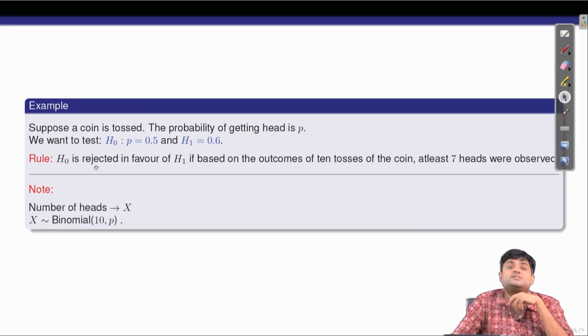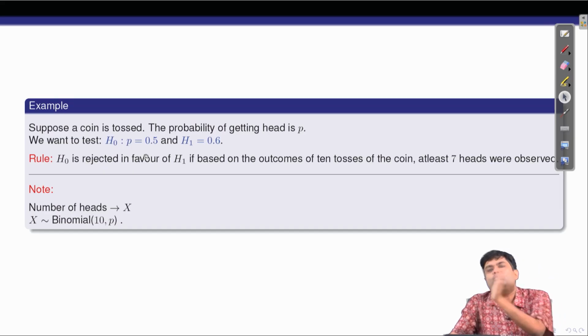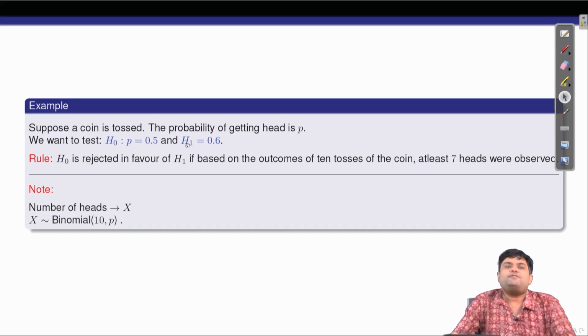Suppose your rule is that H0 is rejected in favor of H1 based on the outcomes of 10 tosses of the coin if at least 7 heads were observed. Now observe that this makes intuitive sense, because if head probability is more, then it is more likely that you will get more heads.